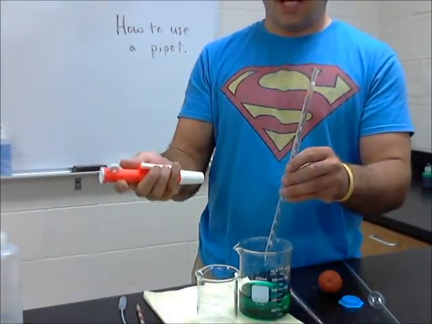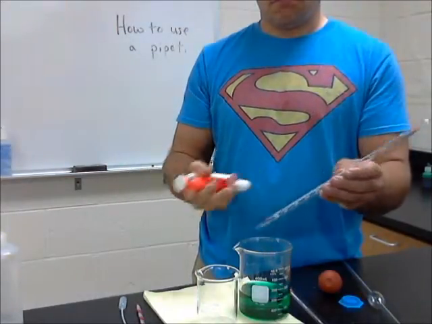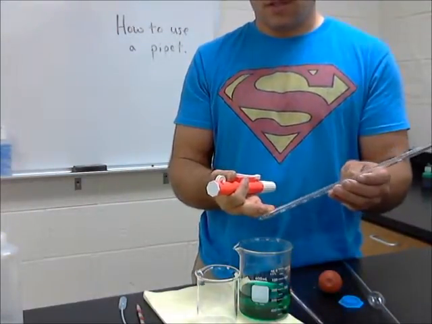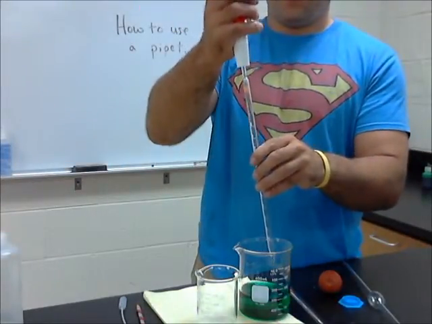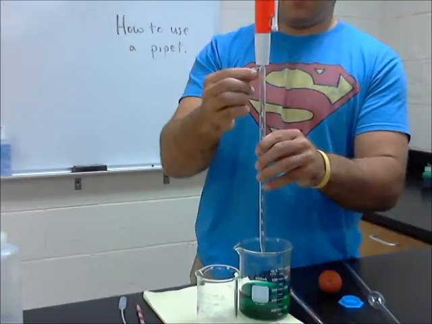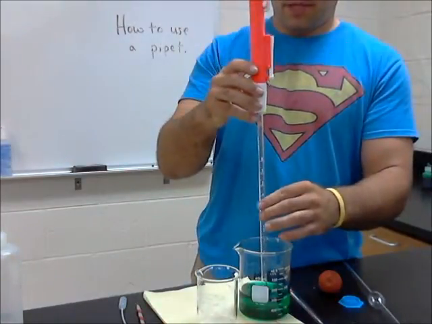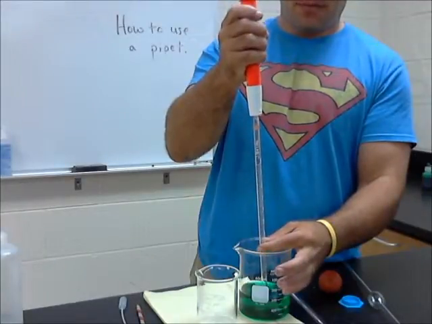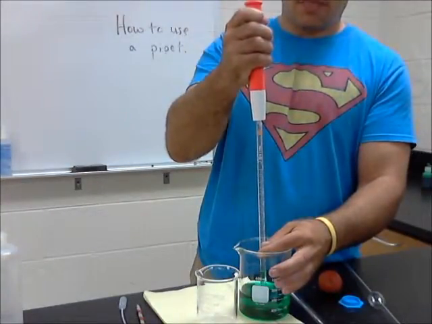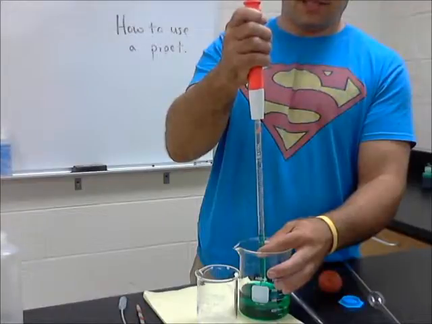Alright, so let's just say I want to measure 3 milliliters. Easily done within the range. This thing is going from 0 up to 10, so we're good to go. And push that on there. Now 3 milliliters is not that much, but I like to grab my finger in the bottom, and I know I want 3 milliliters, so I'm just going to take more than I need. That's just my technique.